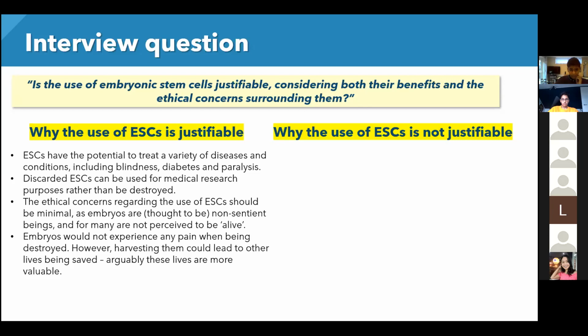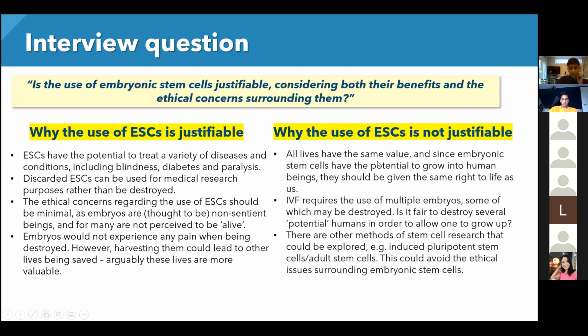So yeah, and I'm just going to put up on the slide some of the points that we've got. Some people argue that all lives have the same value, and since embryonic stem cells have the potential to grow into human beings, they should be given the same right to life as us, and therefore using them and harvesting them is murder, according to some people. And also IVF requires the use of multiple embryos, some of which may be destroyed.